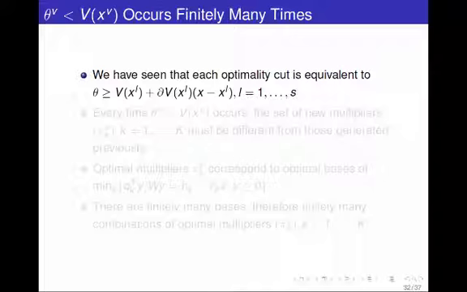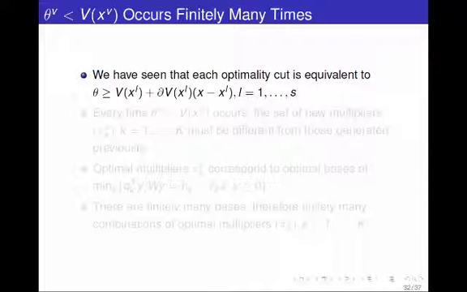I can't, by the end of step 3, get back the same answer about all the dual multipliers. Some might be the same, but all of them cannot. Because if they are, then I would have seen that already in the master problem. That optimality cut would have already been here.